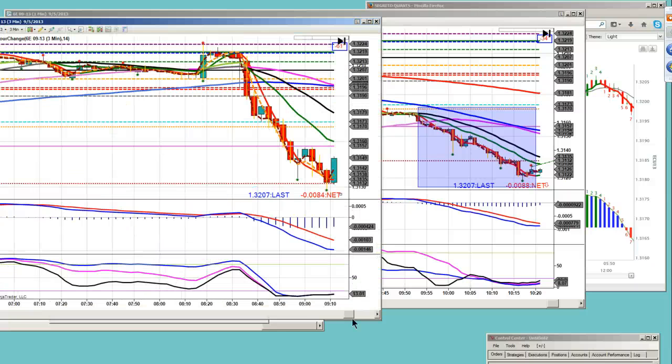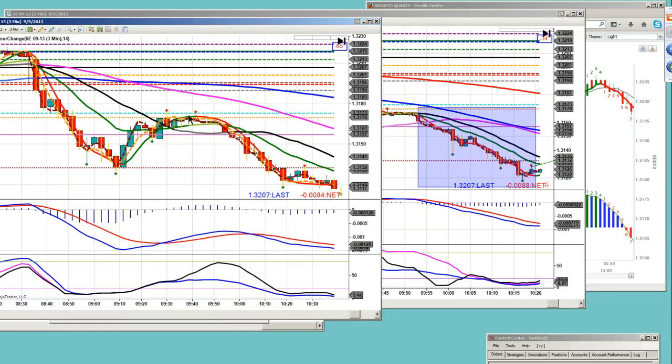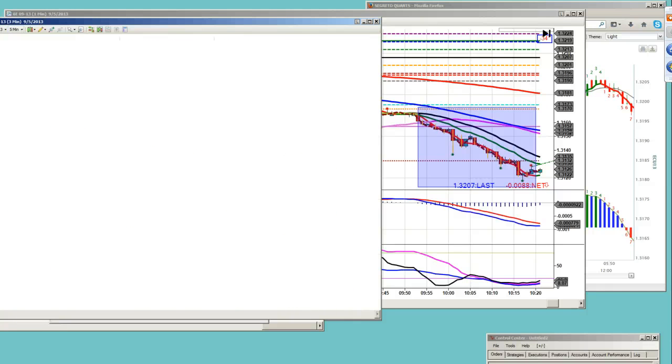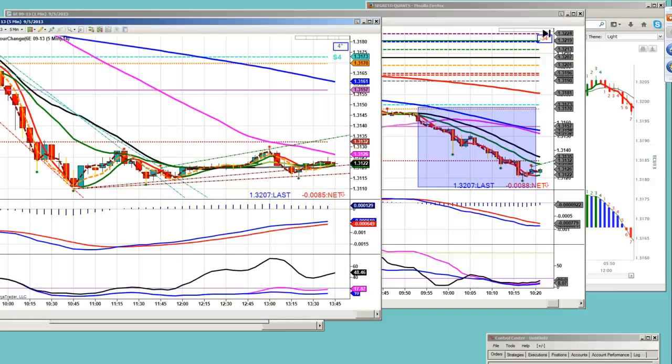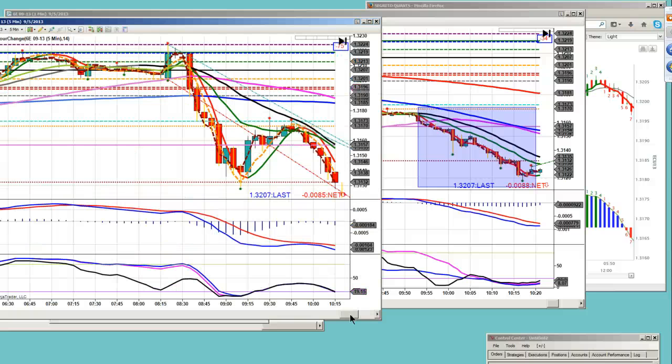See here, per my 3-minute, it changed, okay? But as you can see here, the HMA changed direction, not interested in even going near the 50. If we look at the 5-minute, look what the 5-minute did.